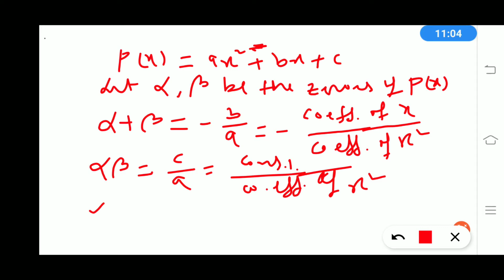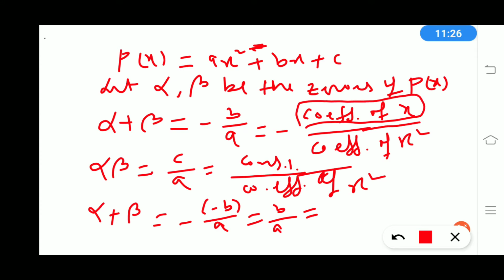Okay, again for this polynomial, ax square minus bx plus c, alpha plus beta equals minus of minus b divided by a, that means simply b by a. Clear? Why here plus b by a? Because the coefficient of x is minus b, so that's why minus of minus b, that means plus b by a.